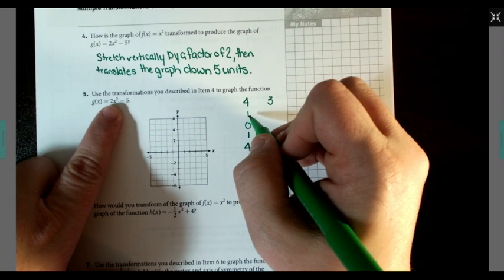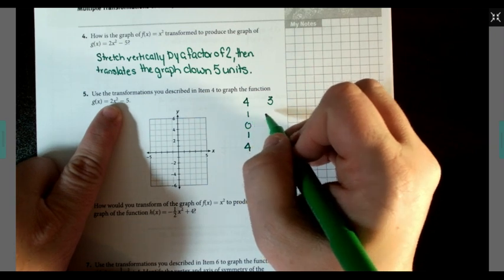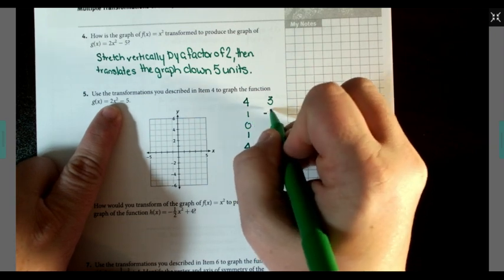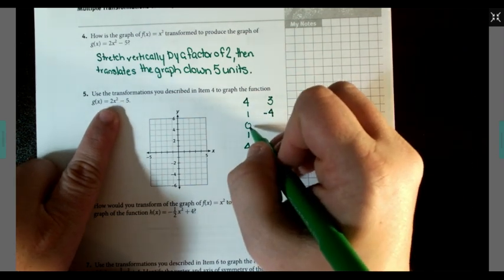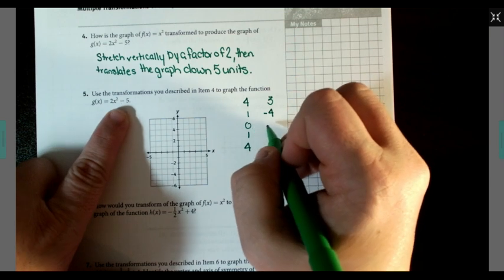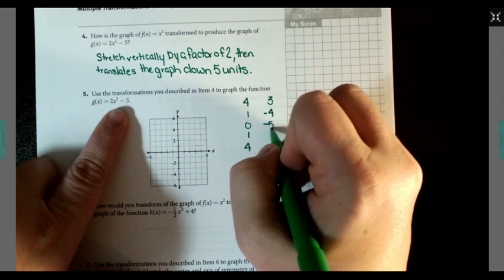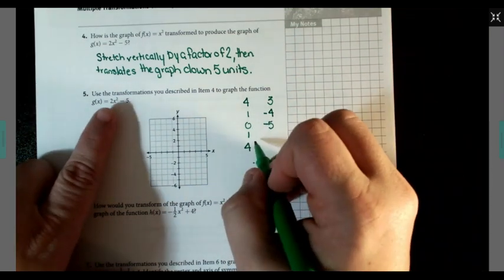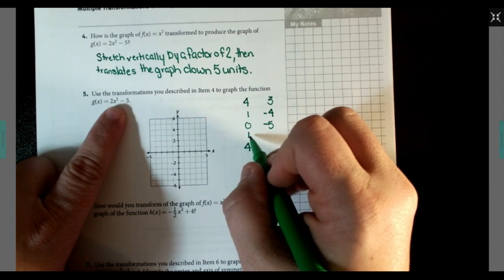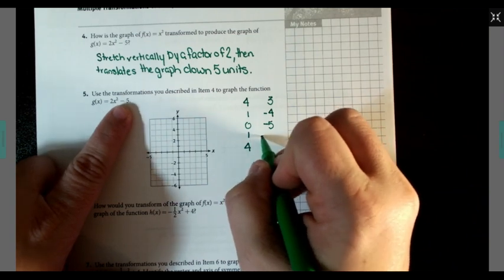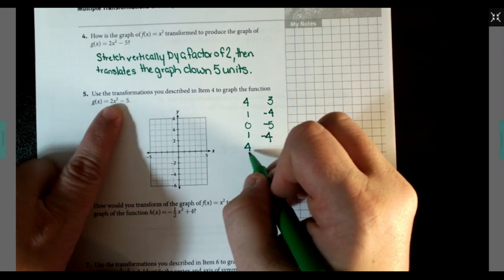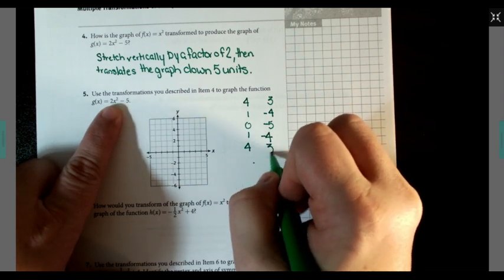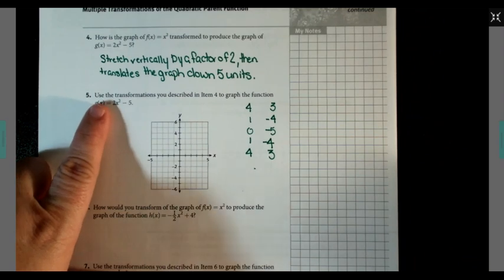Here we're going to multiply by 2, so that's going to be 2 minus 5 is negative 3. Here we're going to multiply by 2, that's going to be 0 minus 5 is negative 5. Here we're going to multiply by 2, subtract 5, that's going to make that negative 3. Multiply by 2, subtract 5 is going to make that 3.